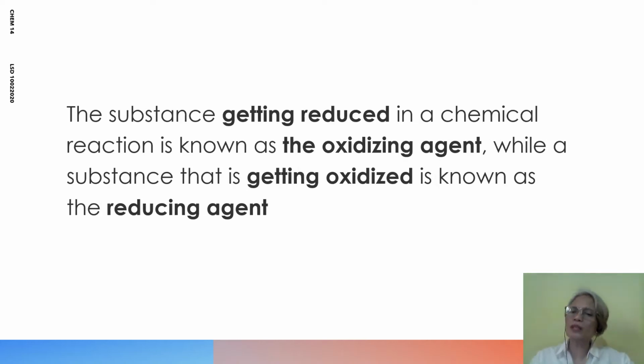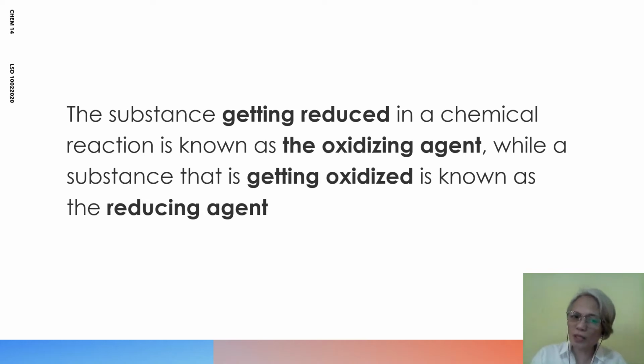Now, the substance getting reduced. So what is a substance getting reduced? Meaning there is a decrease in the oxidation state. So the substance getting reduced is the oxidizing agent. A reduction takes place, and that substance is the oxidizing agent.